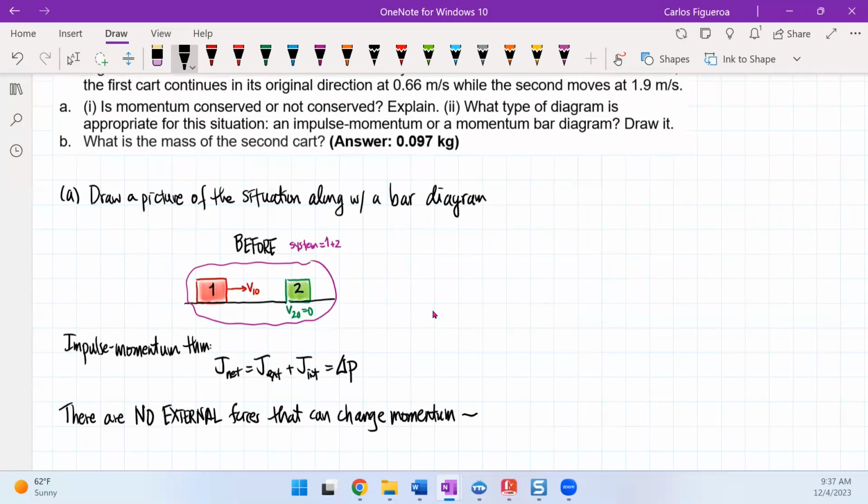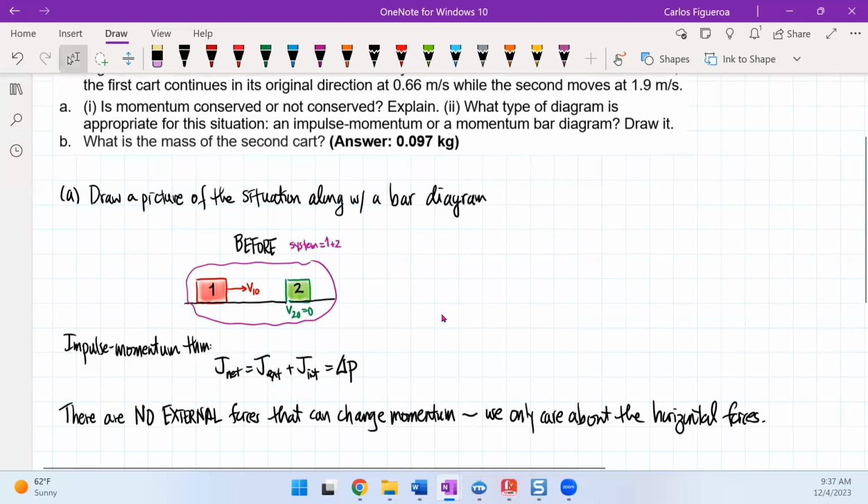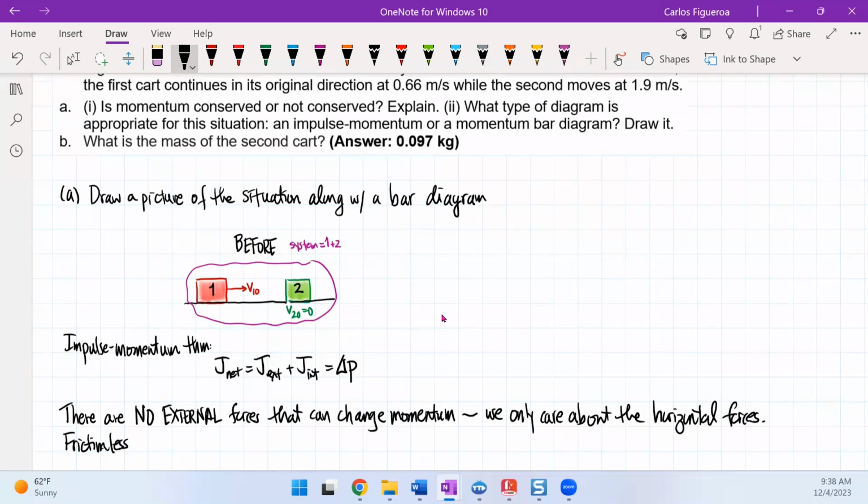Now note, we only care about the horizontal forces because the velocities are in that direction. So in this case, because it's frictionless, that implies then that F external is equal to 0, which then tells us that the external impulse is equal to 0.